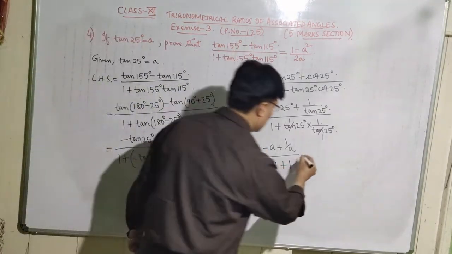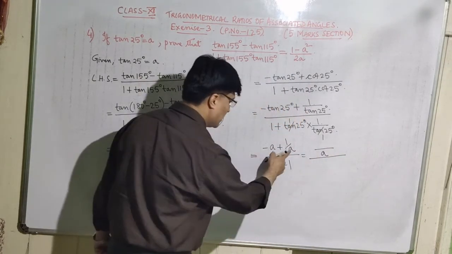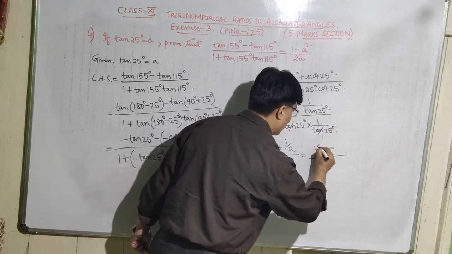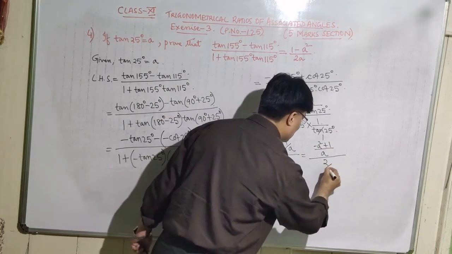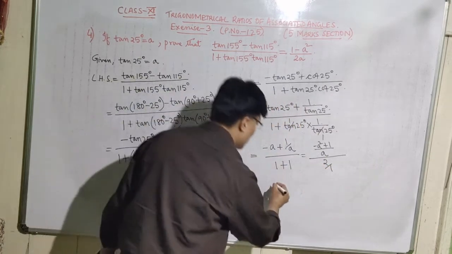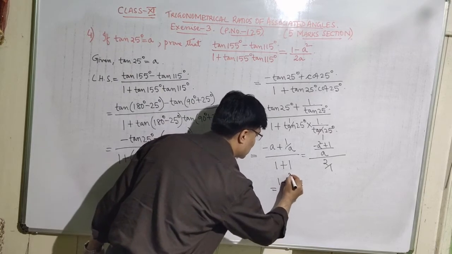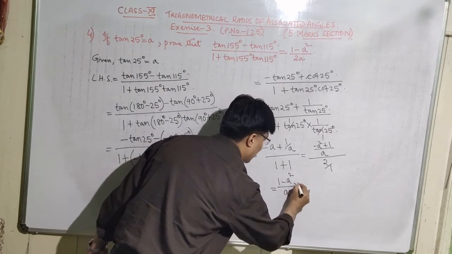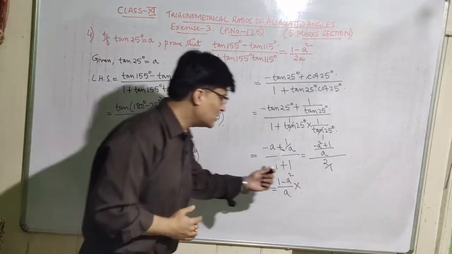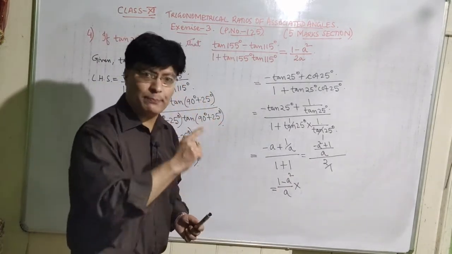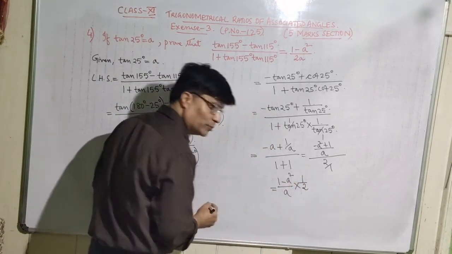Is that understood? So what's the LCM in the numerator? It is a. A into minus a square plus 1, divided by 2 divided by 1. Now let us simplify it: 1 minus a square upon a, into, when 2 upon 1 is in the denominator and goes up in the numerator, it becomes 1 upon 2.